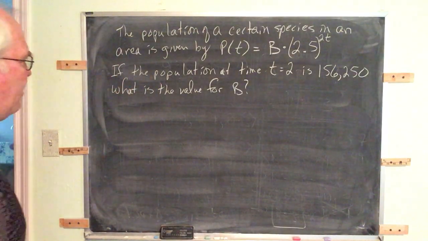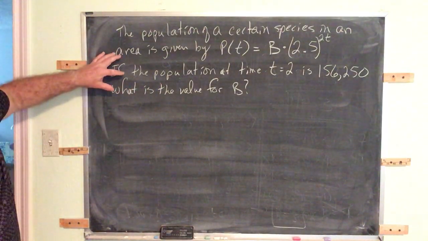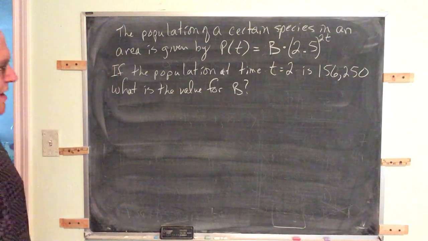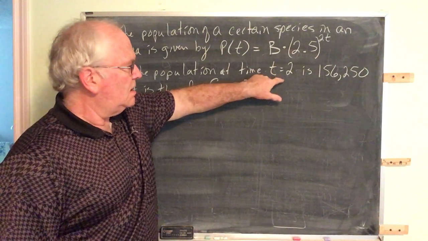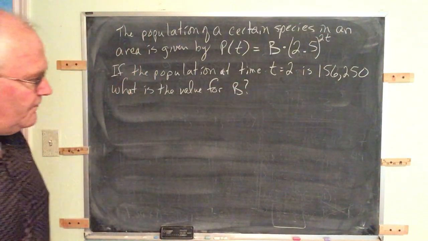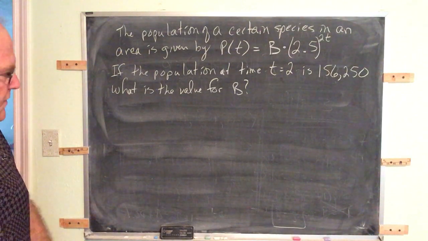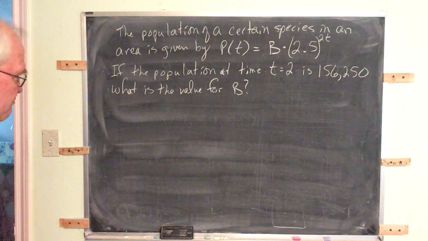And it says if the population at time t equals 2 is 156,250, what is the value for b?